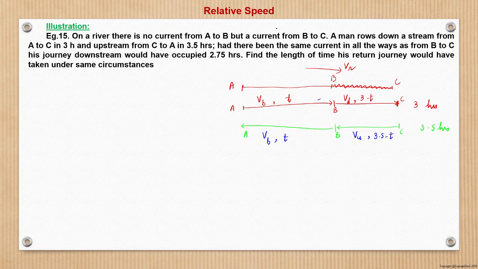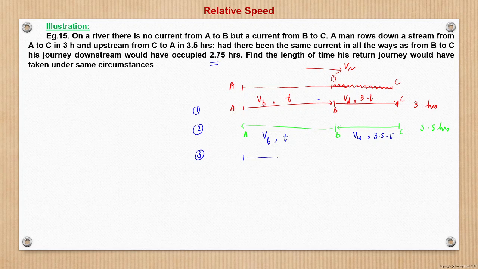Now the third is given: had there been the same current in AB as from B to C, his journey downstream would have occupied 2.75 hours. So the third scenario says, this is the first scenario, this is the second scenario. Now the third scenario says downstream, that is from A to C, now there is a current.